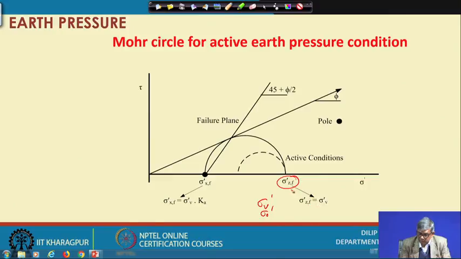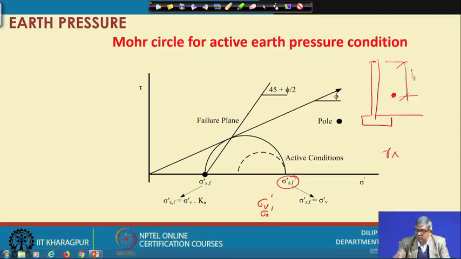So, how to find out this one? Suppose this is the wall, and I want to find out at this point. Initially I have to find out gamma times h.